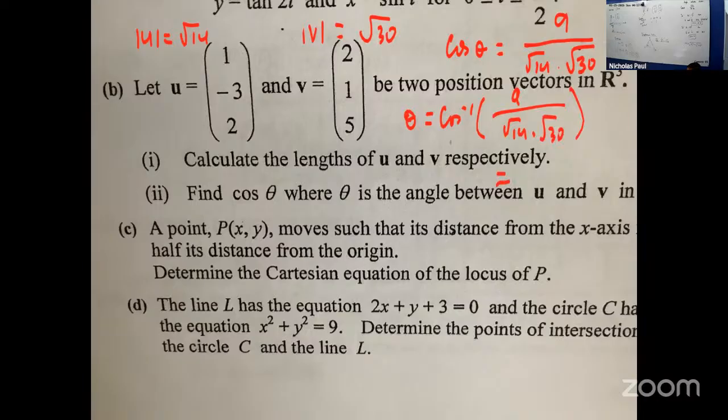How much is that? Cosine inverse of 9 over... Somebody got 64 degrees?